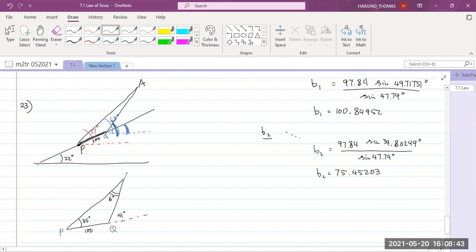But the one that I can insist you're supposed to know is the fact that the measure of an exterior angle of a triangle is equal to the sum of the measures of the other two interior angles.